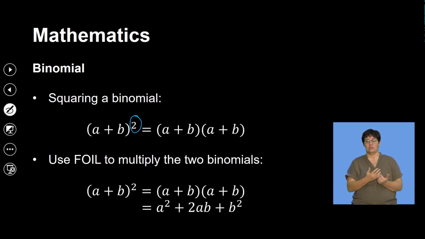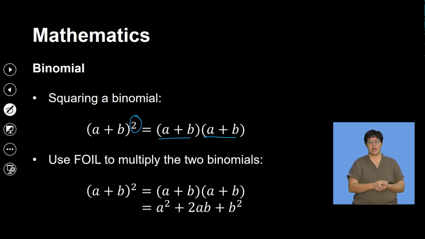If it's 4, it's multiplied by itself 4 times. So when I square a binomial, it means I am repeating exactly what is inside the bracket without changing it and multiplying it by itself, as you can see here on the right hand side. And then you use the FOIL method to multiply these two binomials.